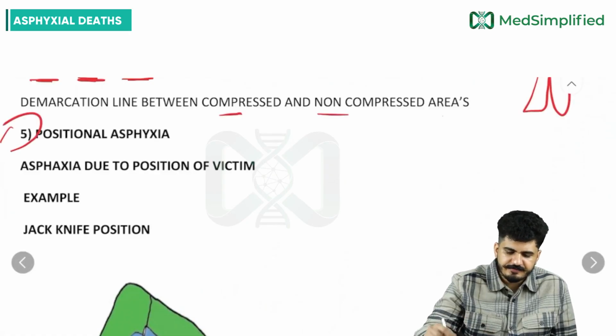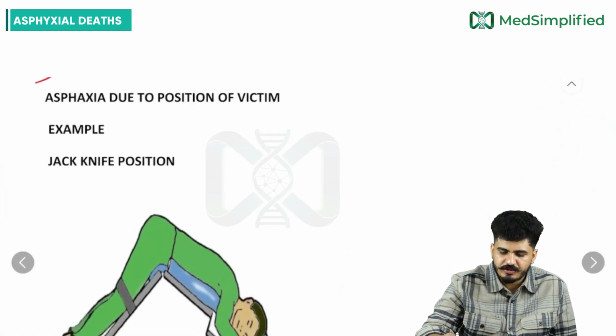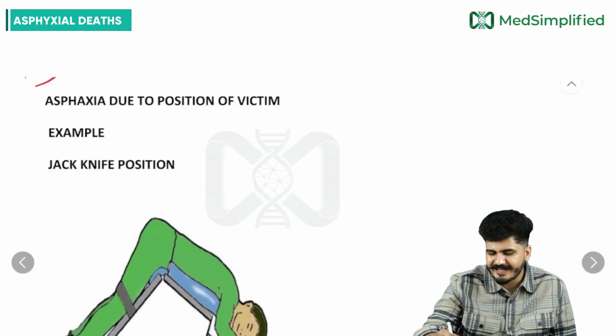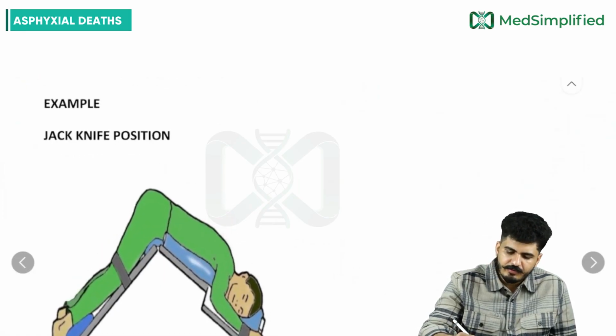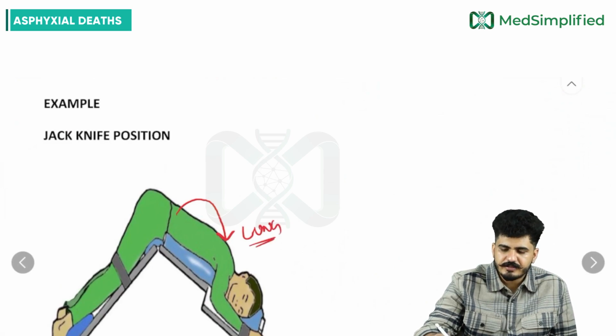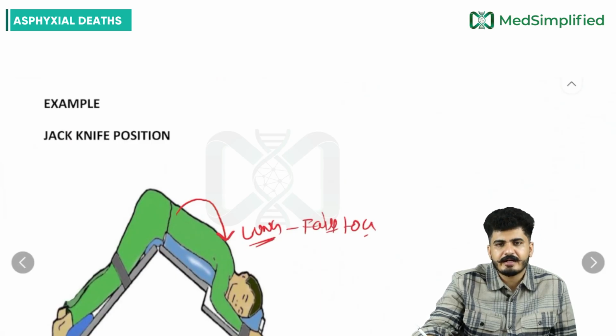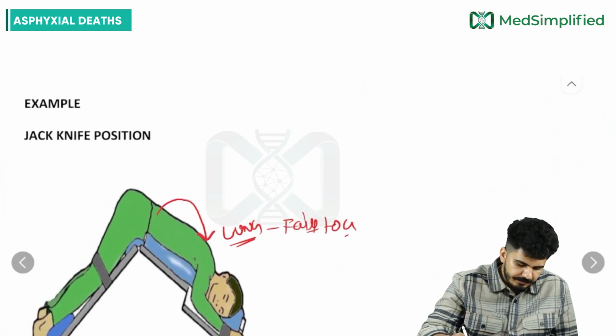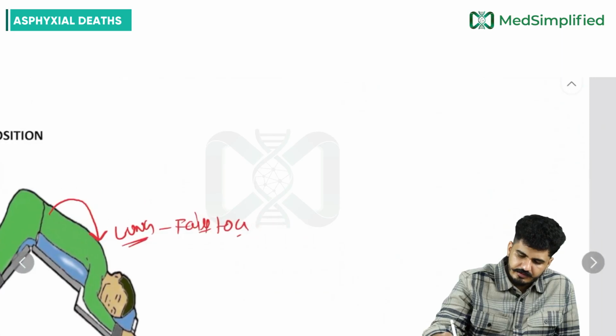Now positional asphyxia. Asphyxia due to the position of the victim. For example, this is the jackknife position. Because of this position, your internal organs will have their weight on the lungs, because of which the lungs fail to contract and relax and the person will die. Another position is also there, sir.